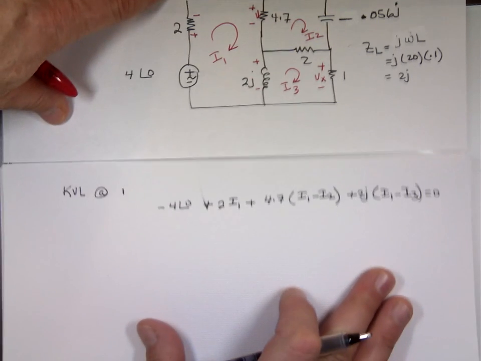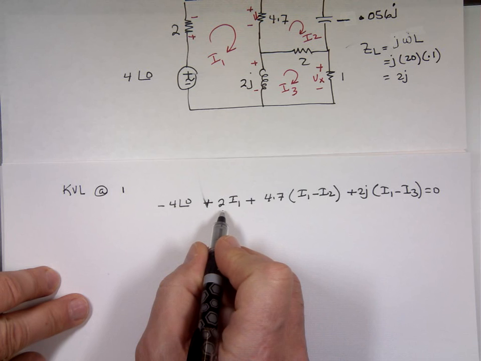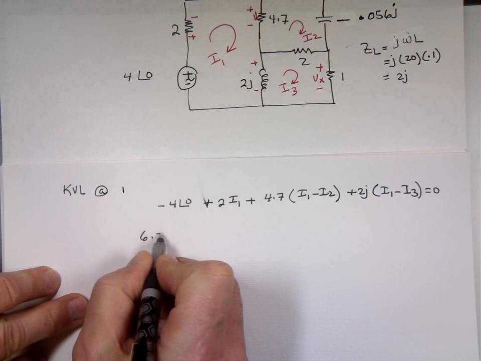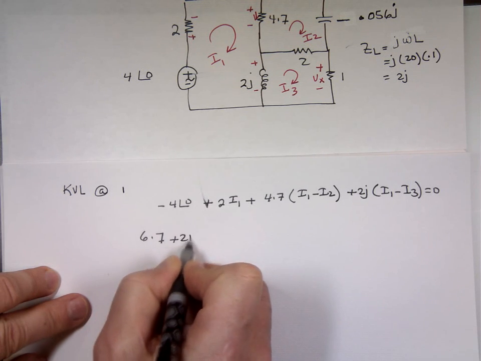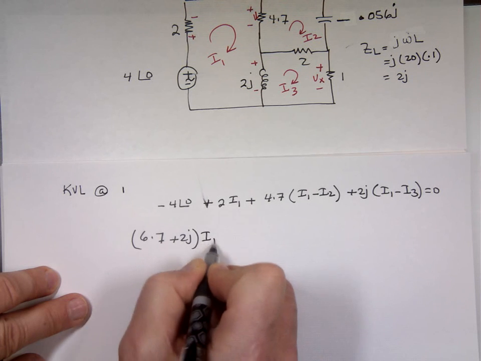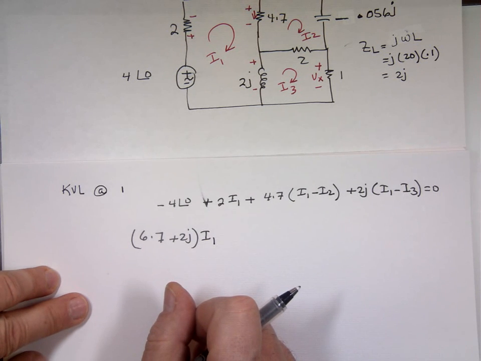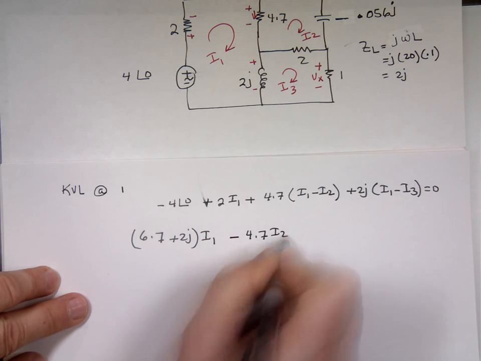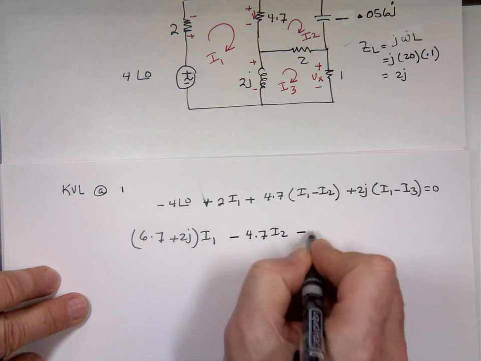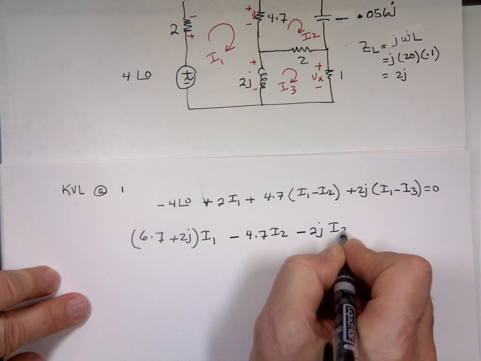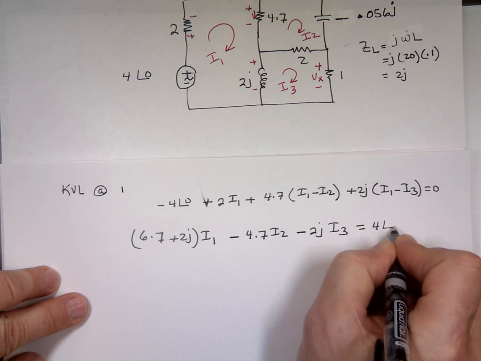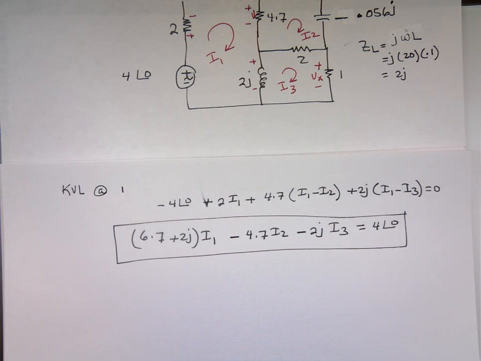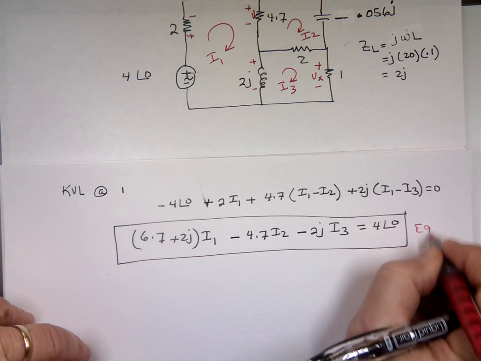Clean that equation. 2 and 4, what's that, 6.7? 6.7 plus 2j times I sub 1, minus 4.7 I sub 2, minus 2j I sub 3 is equal to what? 4 angle 0. That's equation number 1.